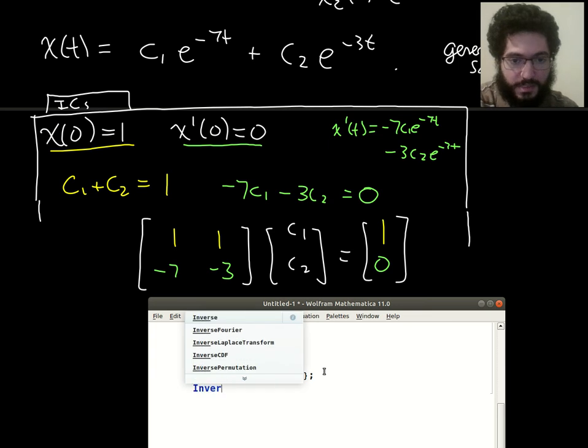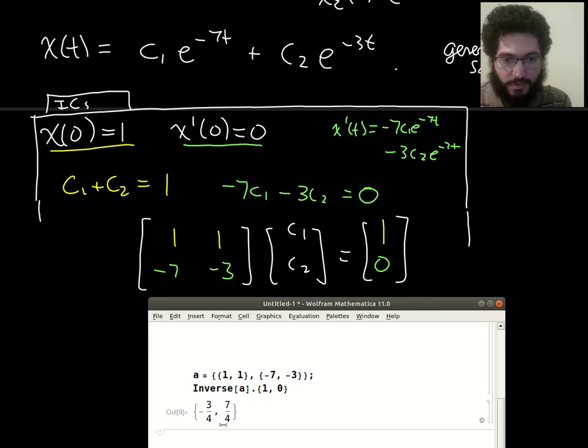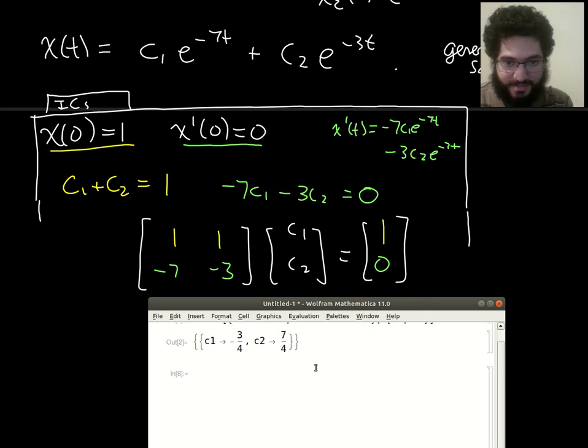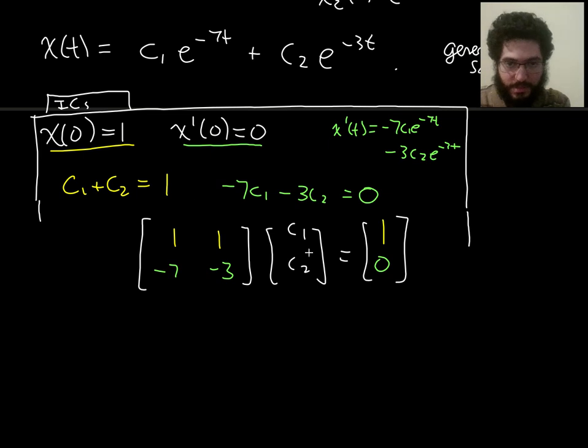Okay, and then what I want is the inverse of the matrix. You can just look at what that is. It's that. But I don't care. I want to actually apply the inverse to the vector 1, 0, which is this vector on the right-hand side. And I get negative 3/4, 7/4, which is what I got before. Okay, so whatever method you want, including doing the algebra by hand, maybe just do that once.